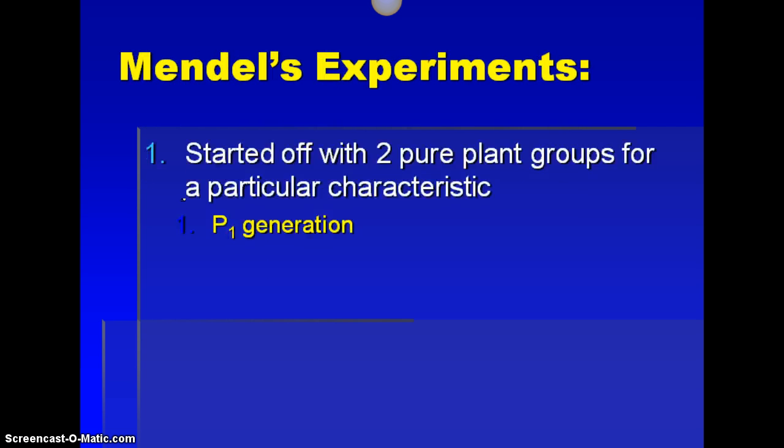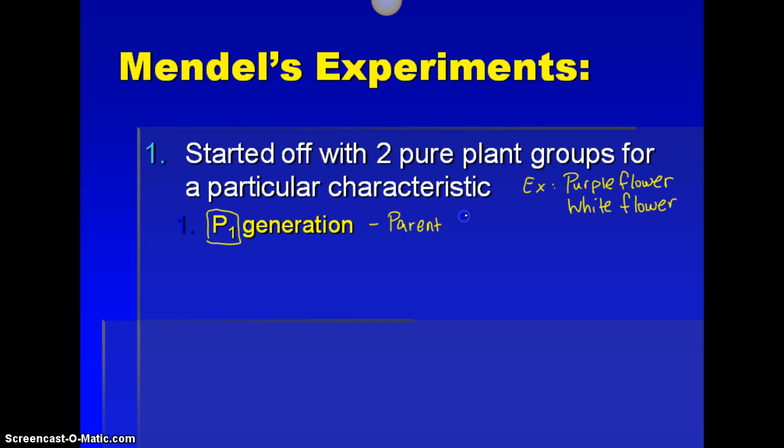So Mendel's experiments, we're going to go through the steps here. He started off with 2 pure plant groups for a particular characteristic. So as an example, let's say he looked at purple flower and white flower. So he picked a characteristic and went with that. He called this group the parent generation.